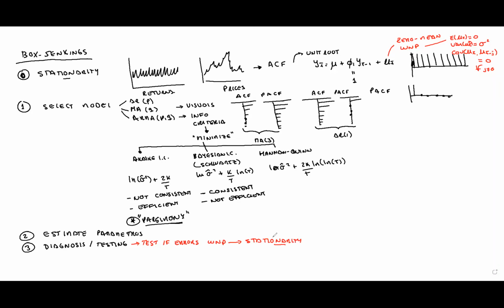Then we have white noise process. And a white noise process is by definition a stationary process. So what we can do is check the stationarity of the data, and then basically we're verifying that the errors are not correlated. And finally, guys, once we have this, we're going to start forecasting. Okay, so this is the process, and we're going to do this process very quickly.